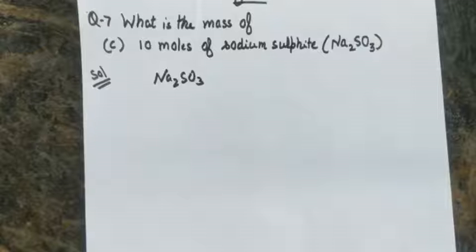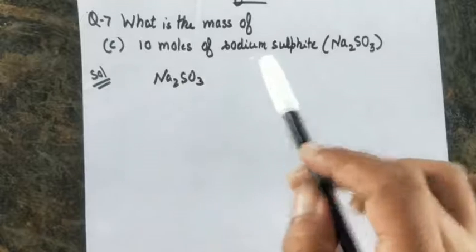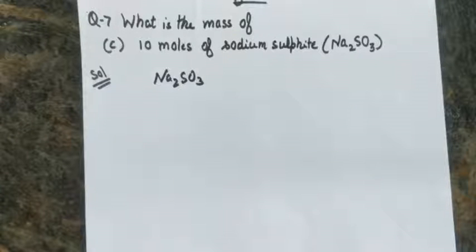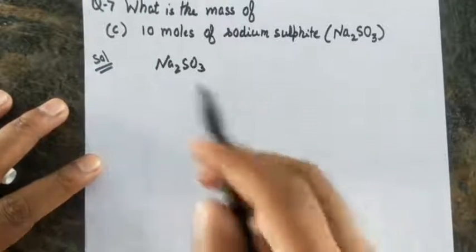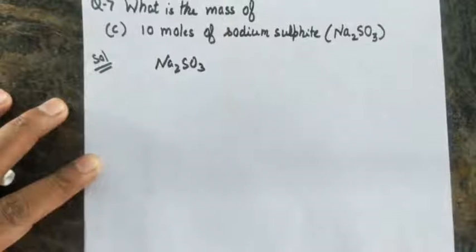Now come to page number 44. Back exercise question answers. Question number 7, part C. Question is, what is the mass of 10 moles of sodium sulfite, Na2SO3? So students, in this case, we are provided with number of moles and we have to find the mass.